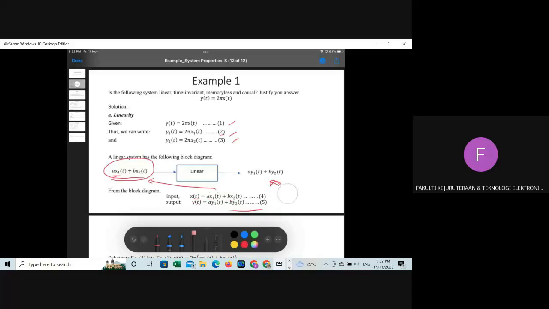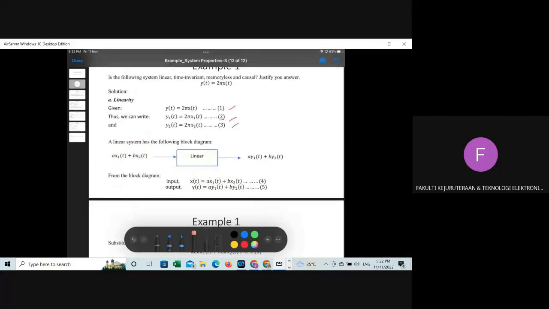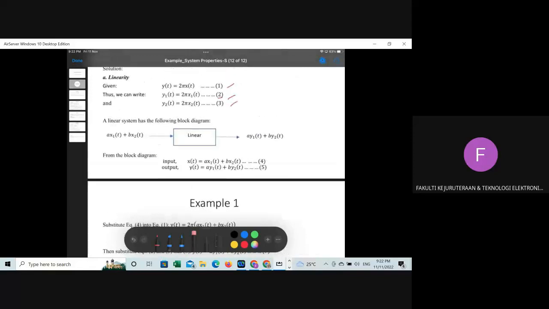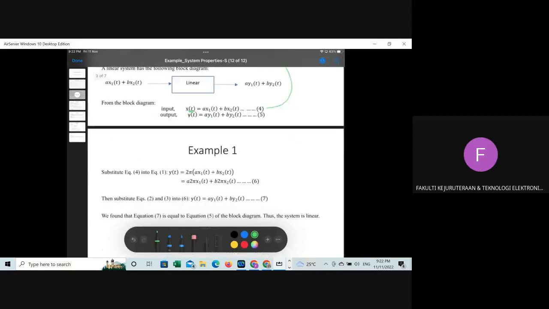So how to prove this? Equation 4, you substitute into equation 1, because you have x(t) there. Substituting equation 4 into 1, you get 2π times x(t), where x(t) is from equation 4.